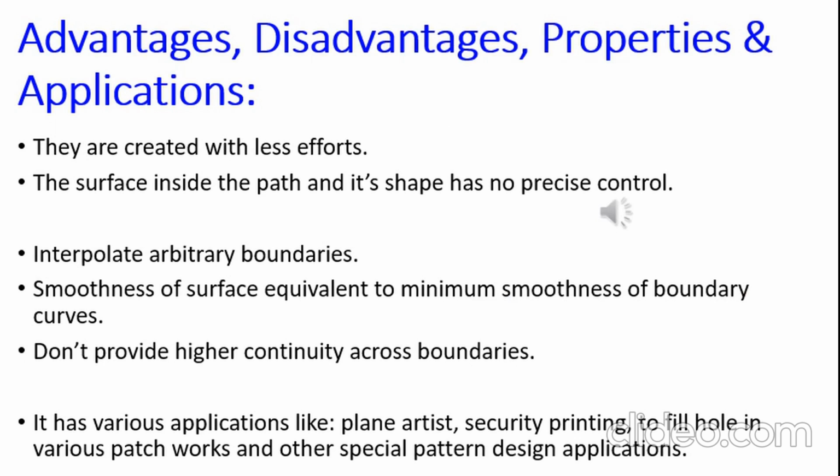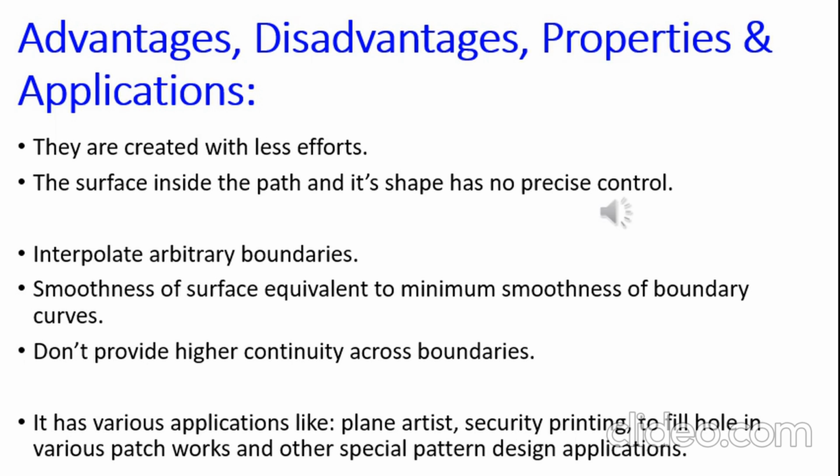Now let's talk about advantages, disadvantages, properties, and the applications. So the advantage of the cone surface is that it requires very less effort. It doesn't require any complex steps for generation of the surface, but the only disadvantage that it has is that it does not allow us any precise control over the shape of the surface.